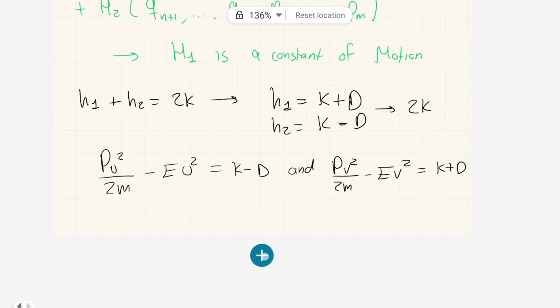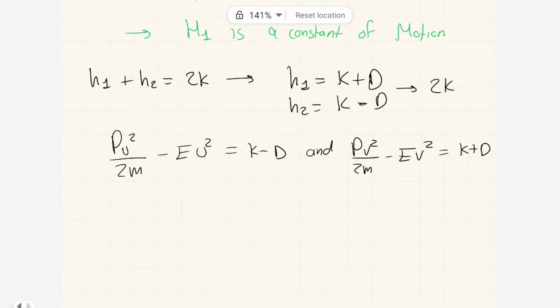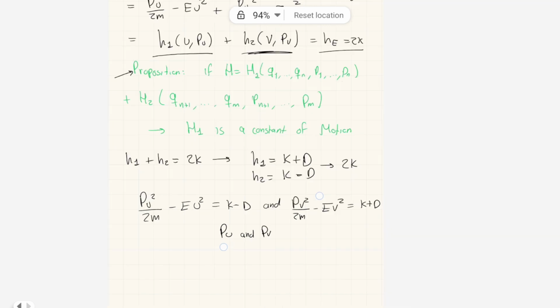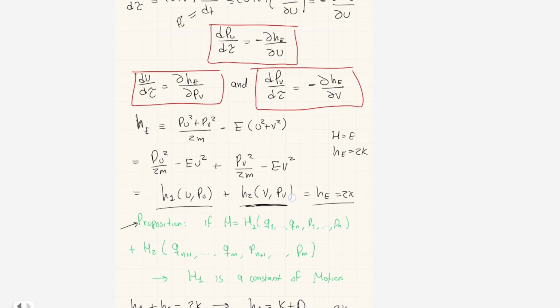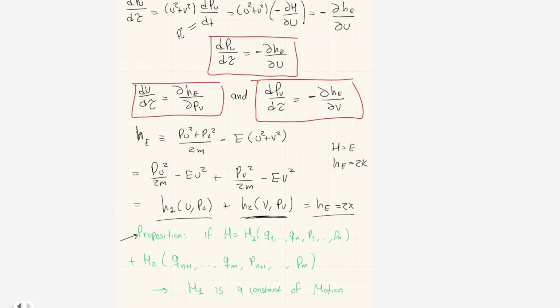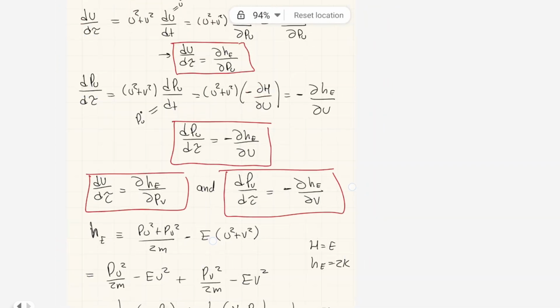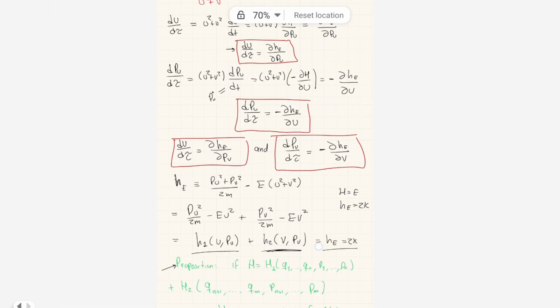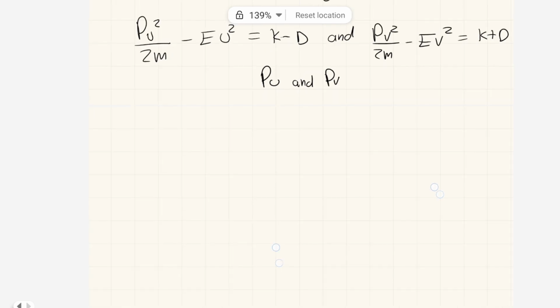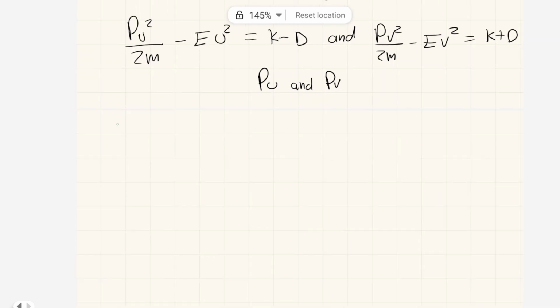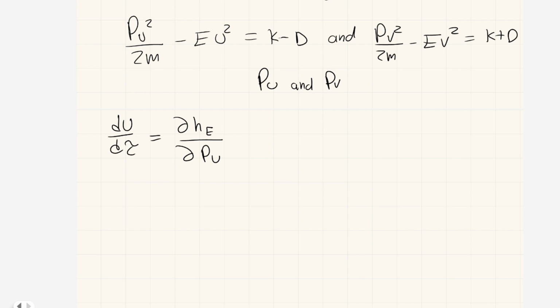As you can see, in these two equations, we have the elements p_u and p_b. But we are able to find those values if we recall these 4 equations that we found recently. Remember that we found that the derivative of u with respect to tau is equal to the partial of H_E with respect to p_u.